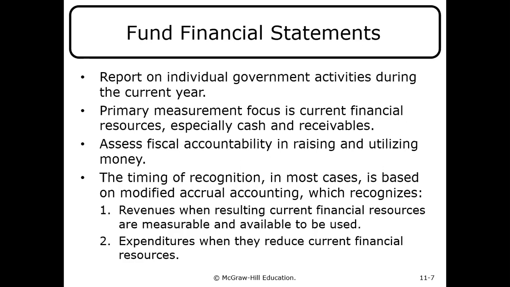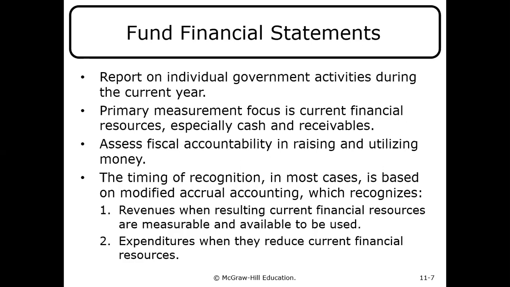The primary measurement focus for public services activities is not if they made a profit, but is the amount and the changes in current resources, such as cash and receivables. Those are the only assets the government has to spend. So when it comes to fund financial statements, the accounting is a little different.